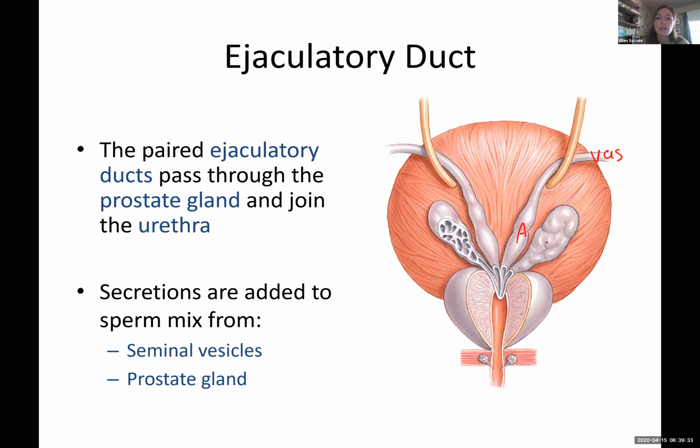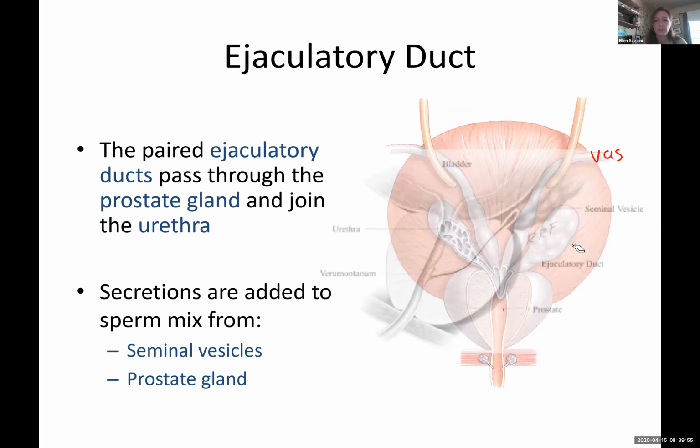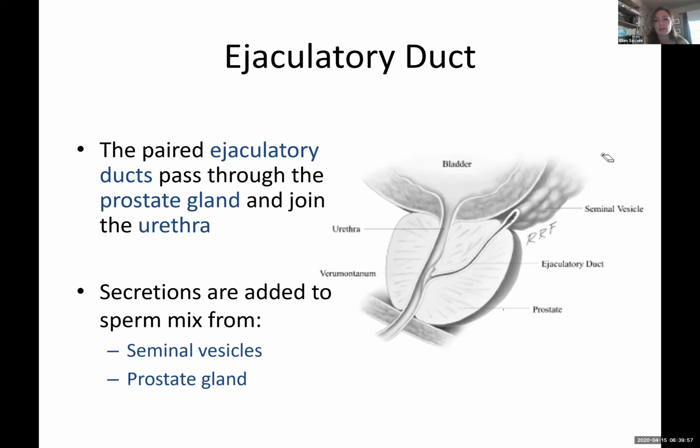Okay, so this here is the vas deferens. This here is the ampulla. These here are the seminal vesicles. Coming into the prostate, each ampulla and seminal vesicle has its own ejaculatory duct. So we have fluid from the seminal vesicle as well as fluid from the prostate gland that will contribute to semen. This is the best picture here. We can see this is a side view.